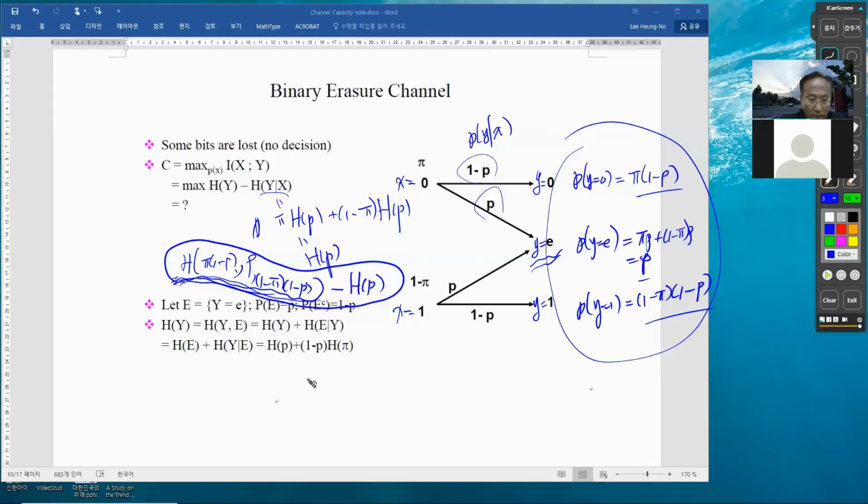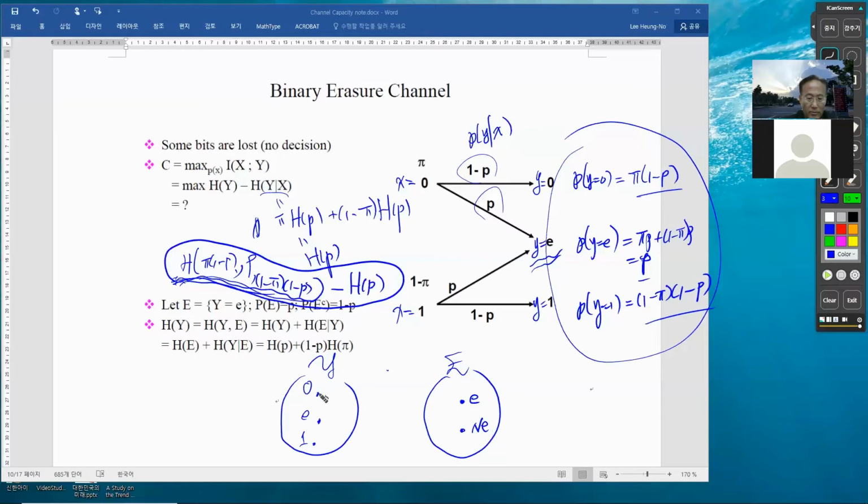So y has three elements, which are 0, erasure, and 1. We will use a random variable e, whose range space has two values: erasure and no erasure.